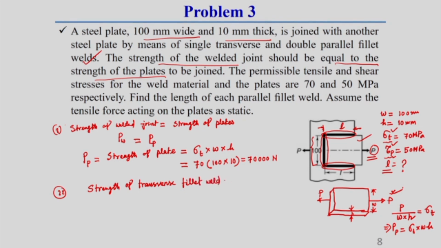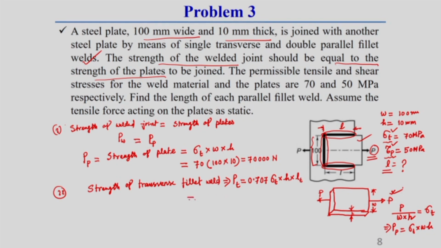So, strength of transverse fillet weld, here I am representing PT, as there is only a single transverse fillet weld. For a single transverse fillet weld we know the equation is 0.707, and this transverse fillet weld is subjected to tensile stress. So, sigma T into h into the length of this transverse fillet weld, which I am representing as LT.